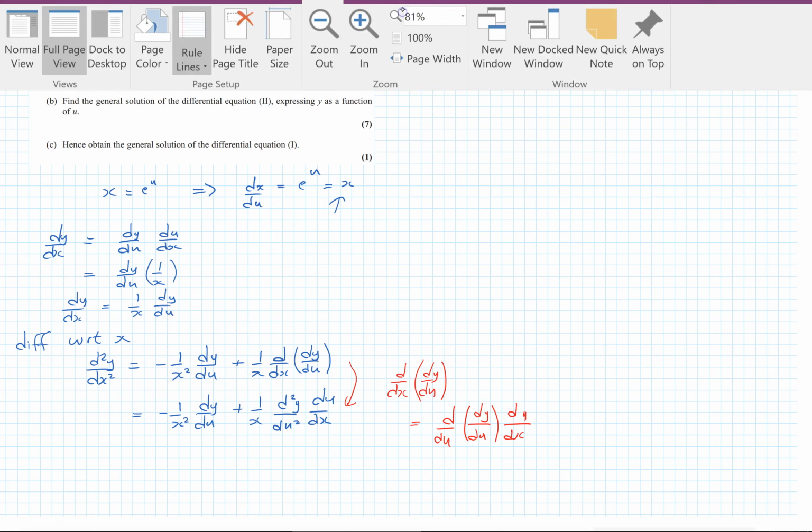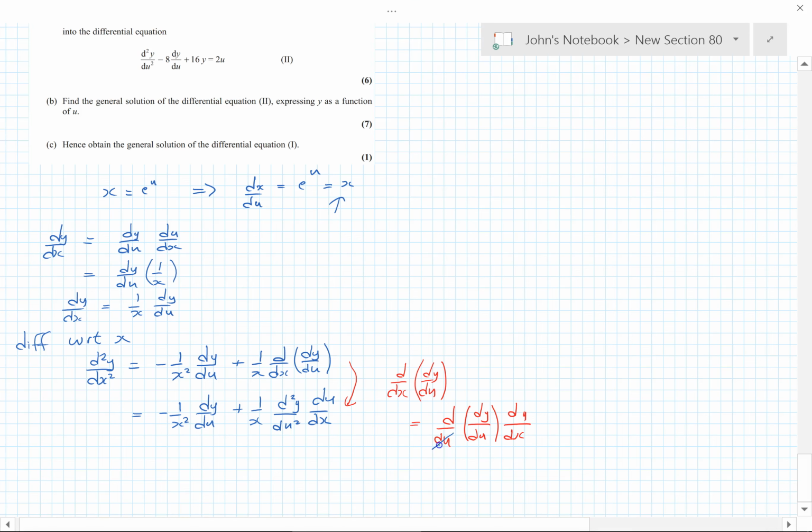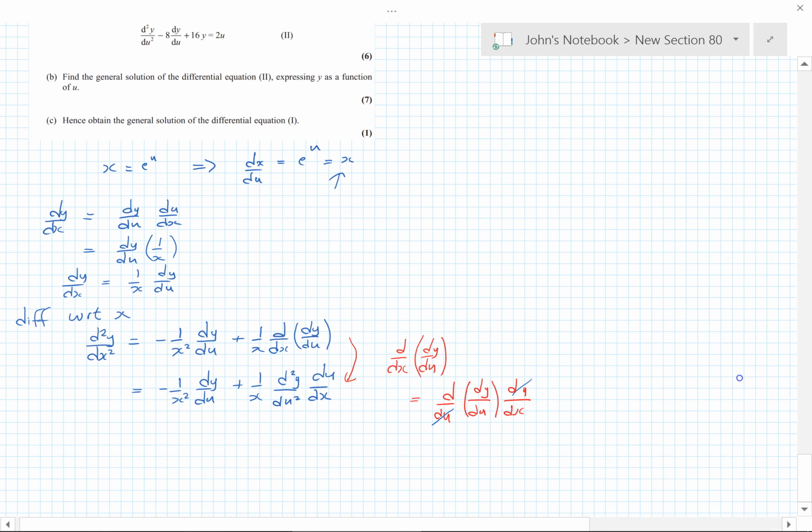You can think of it almost as a du cancelling in there, and then we've still got the dx that we're differentiating with respect to. Just shows you we need strategies to check our work sometimes. But the big mistake is to miss this term out completely. Doesn't help to put a term in there and get it wrong, but we should at least recognise that we need another term. We can't just simply say it's d2y by du squared.